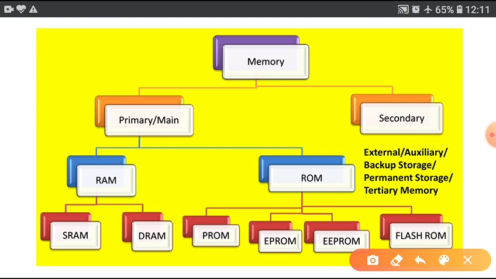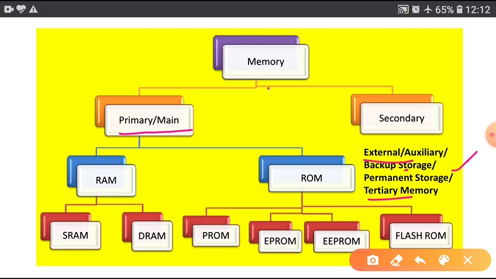You can see the classification of memory. Memory is divided in two categories: primary memory, called main memory, and secondary memory. You can see there are different names of secondary memory: external, auxiliary, backup storage, permanent storage, tertiary memory. Primary memory is also known as main memory.